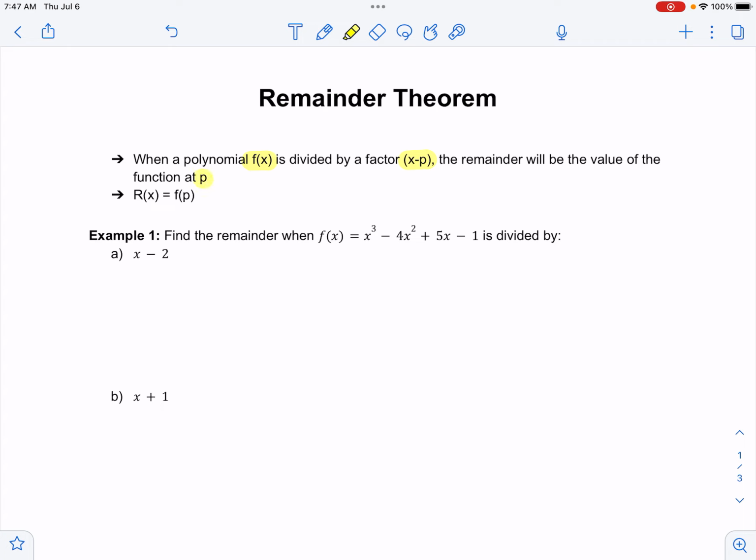Pretty interesting. And we use this format to denote that. R of x means the remainder, and then f of p is your function at p.